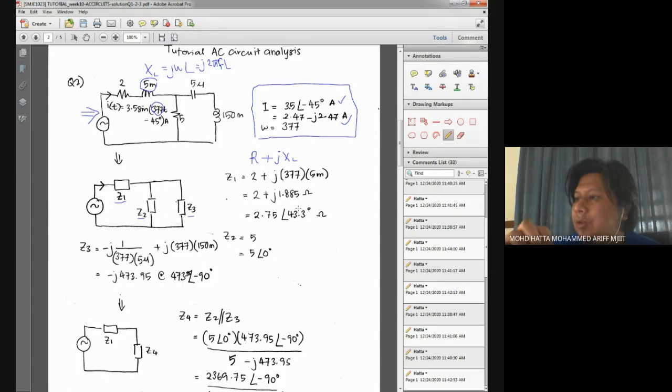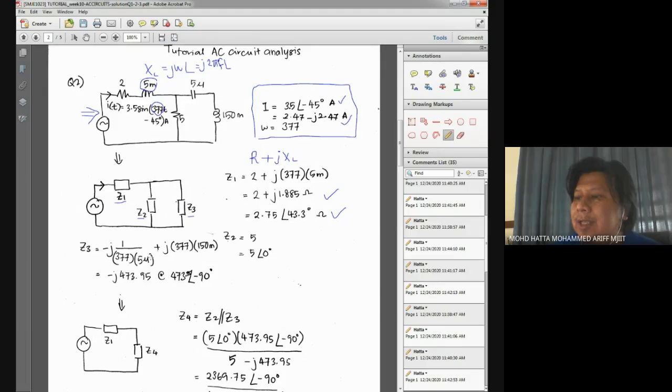You also need to state, okay, this Z1 is R plus JXL, for example. After you calculate, you will get your Z1 as this value, and you can always convert it into polar form for your convenience later on in your calculation.